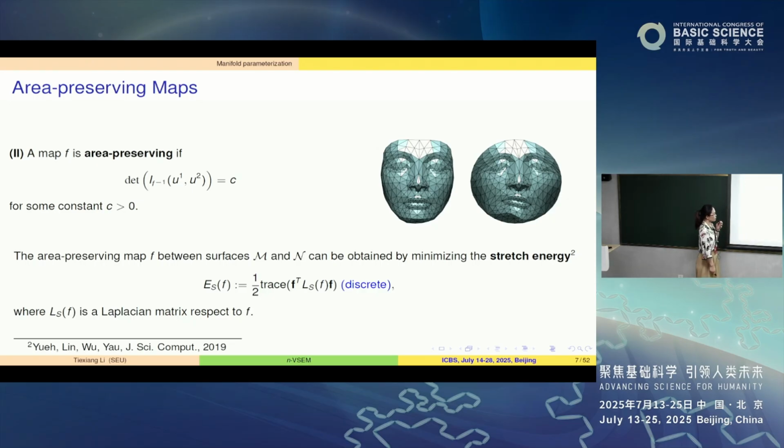We have this concept in the discrete way. From the numerical results, we find that it is very useful, but we didn't have the theory at that time.